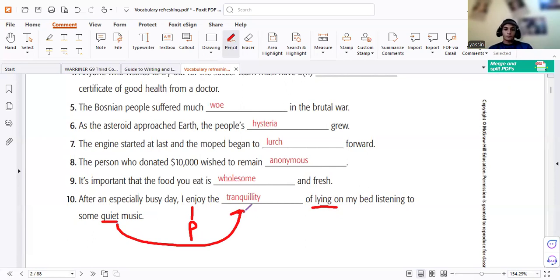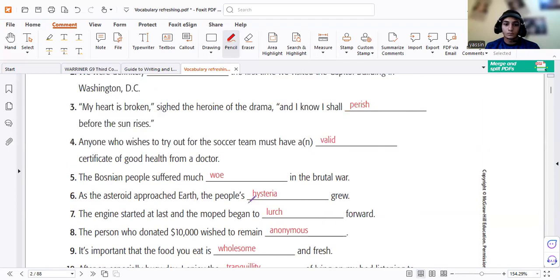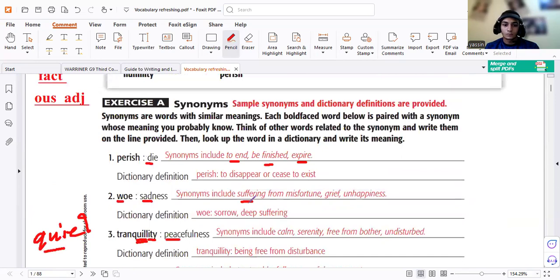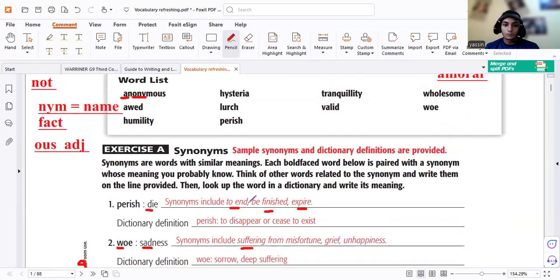Tranquility. The context can help me, but I need some letters in the word to help me, so I can memorize it easily and quickly at any moment in my life. So this is the first way today, to memorize vocab from the letters of the word, from the sound of the word, from the context in the sentence.